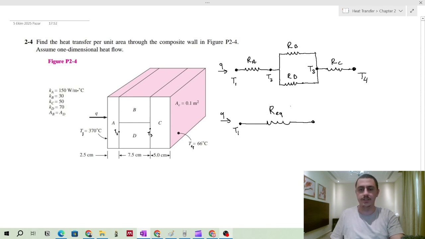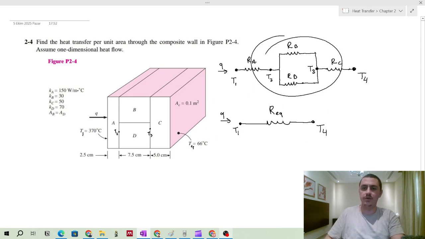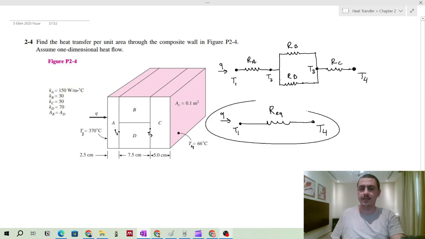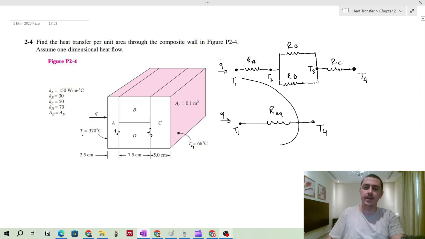You have an equivalent resistance, then T4. So from this relation, first of all, find the overall resistance. Then we can find Q from this diagram. Since we know Q, we can then calculate the other temperature values. So first step, after you draw all these, find R equivalent.